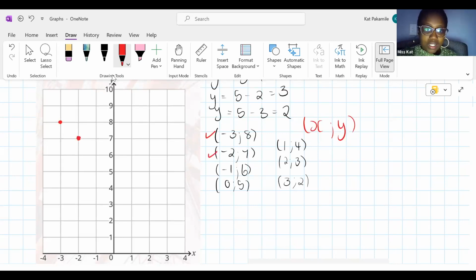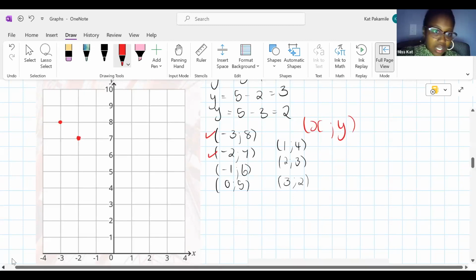That one's done. Point number 3 says you go from -1 and then you go up until you reach 6, and that is where they meet. All right? Done. Next one says you start from 0, you go up until you meet 5. Done.